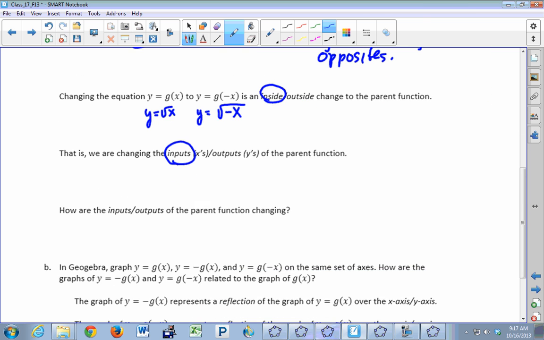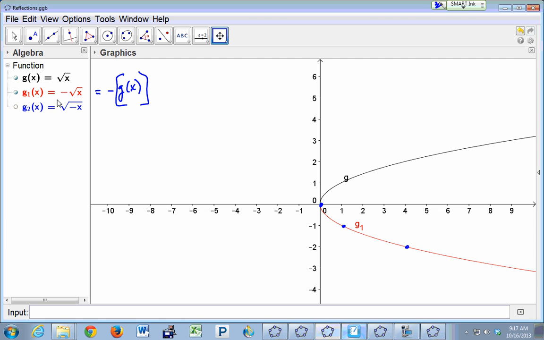All right. So let's see what happens. Here's G2. What is x? When x goes in as -1, we take the opposite of -1, we get 1. If we put x as -4, we take the opposite of -4, we get 4, we come up here to 2.